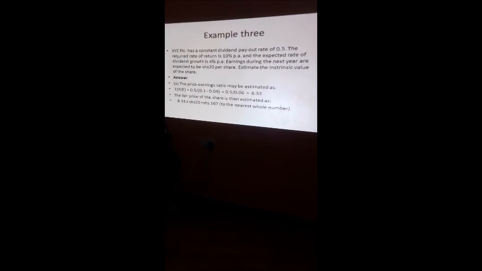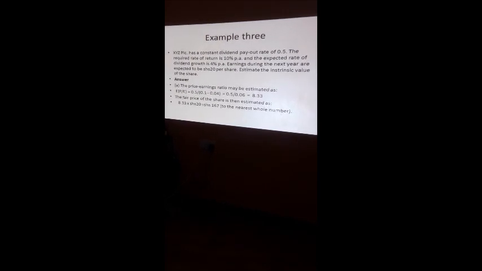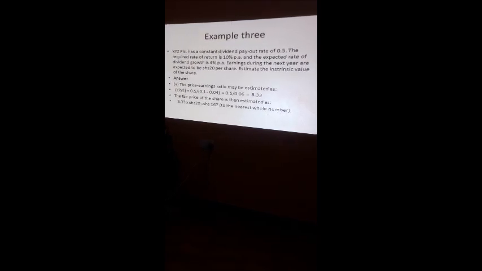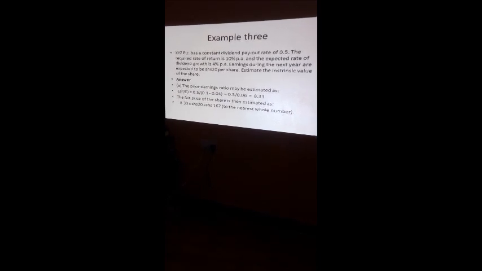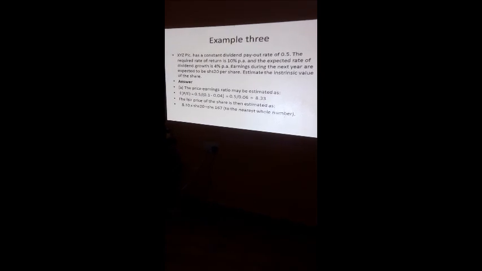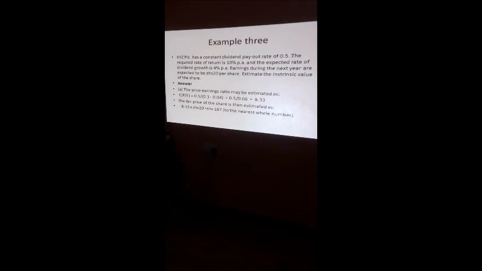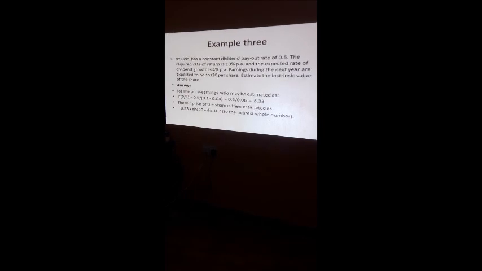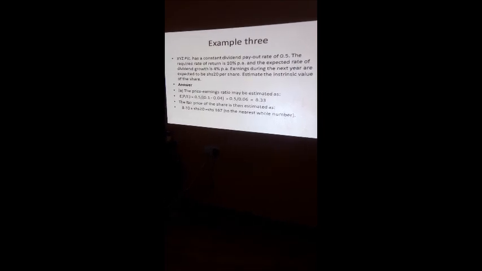Given the information we have, the expected P/E ratio will be equal to 0.5, which is our dividend payout ratio, divided by 0.1 minus 0.04. So 0.1 is the required rate of return, and 0.04 is the expected dividend growth. If you divide, you will get the expected P/E ratio of 8.33. After obtaining the expected P/E ratio of 8.33, we can estimate the intrinsic value.